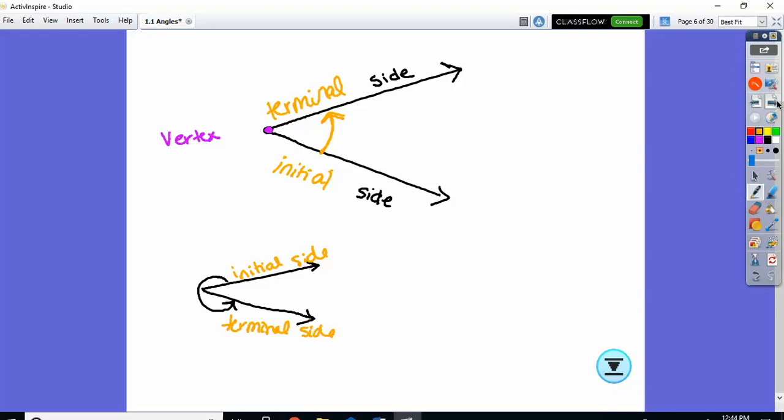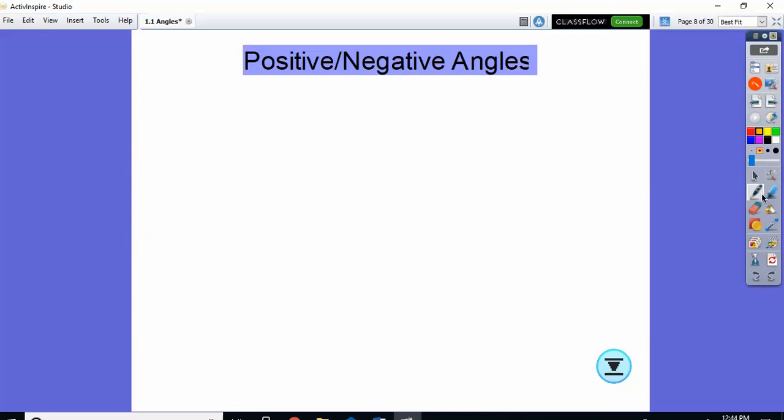Let's talk about how to tell if an angle has a positive or a negative measure. I'm going to draw a couple pictures here. Here are two angles. These angles have something in common. What is it?